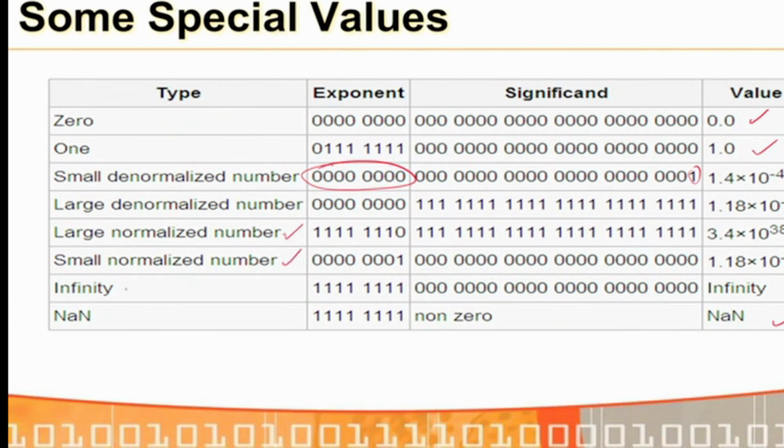Then I have a representation for infinity, and for something which I cannot represent, even denormalized, I call it not a number. Many times when you start doing floating point computation, you will get NaN. What is NaN? This is something that I can't represent in this representation. So this 1, 2, 3, 4, 5, 6, 7, 8 is for single precision.